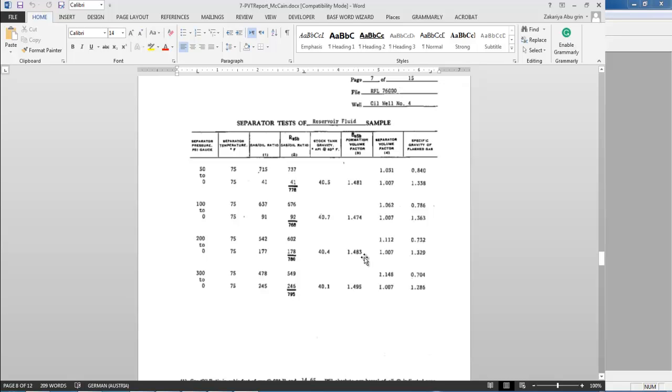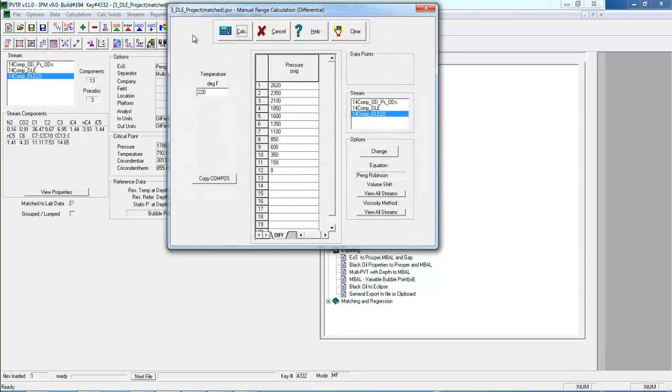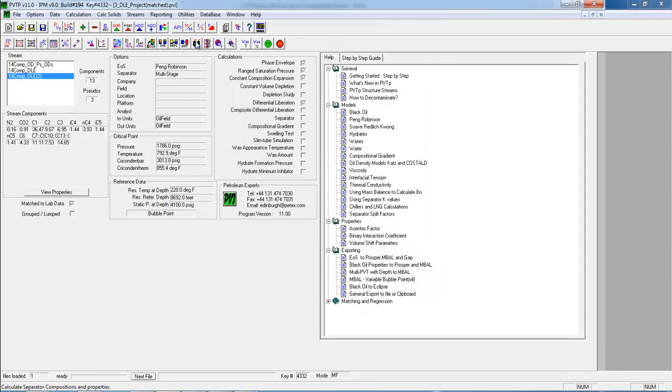And this is the first step. So just as usual, when we want to simulate an experiment, we go to these buttons here, which are the equation of state calculations. So for separator test, today we will use this one.